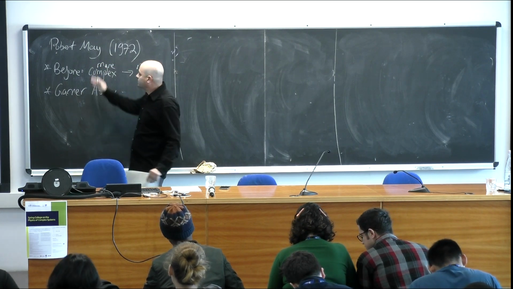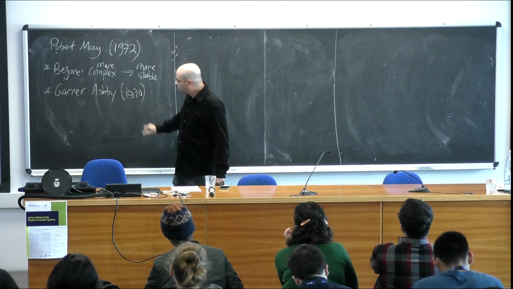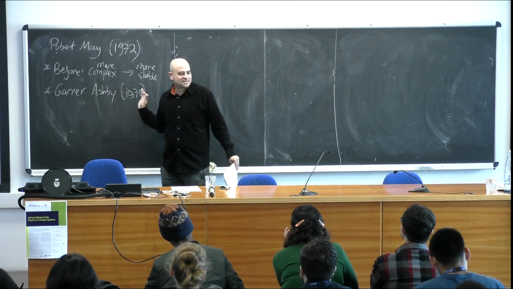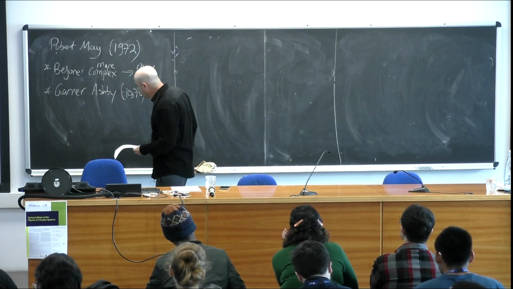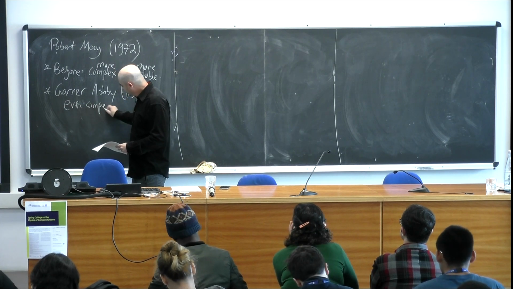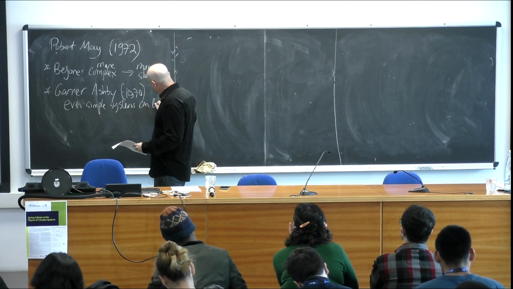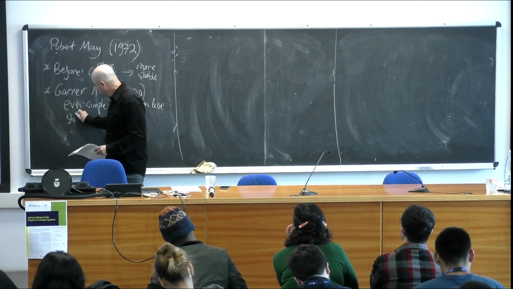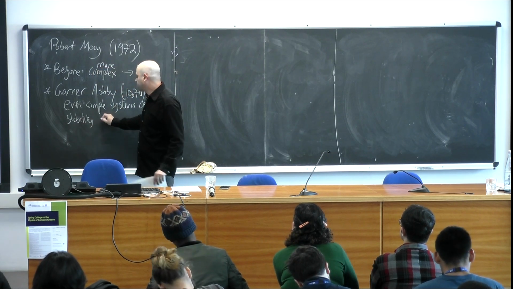It's fun, because Robert May, in his 1972 paper, starts by saying, Gardner and Ashby showed that even simple systems can lose stability with increasing complexity.